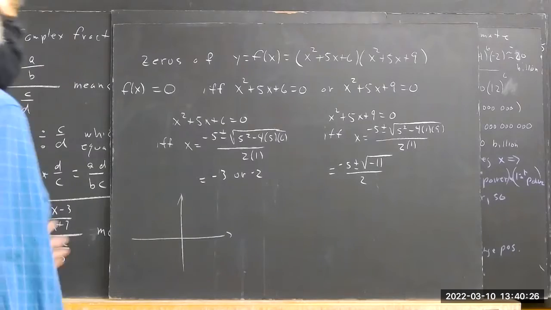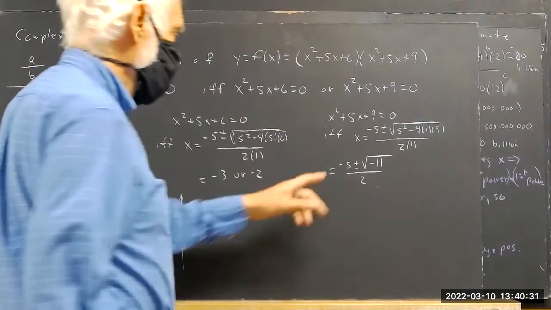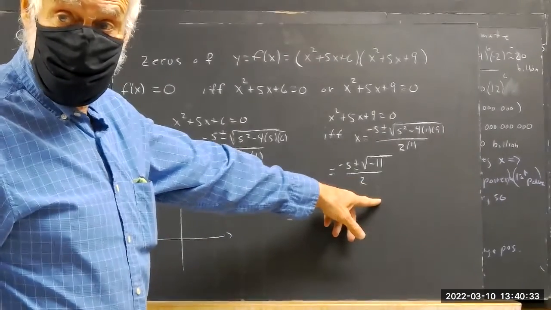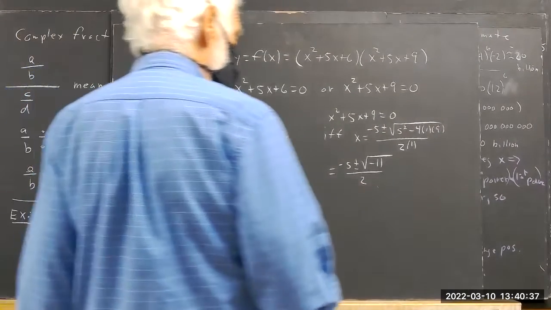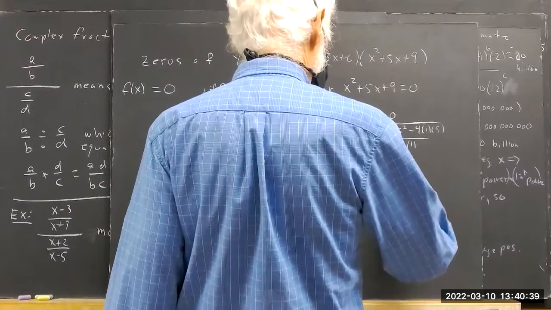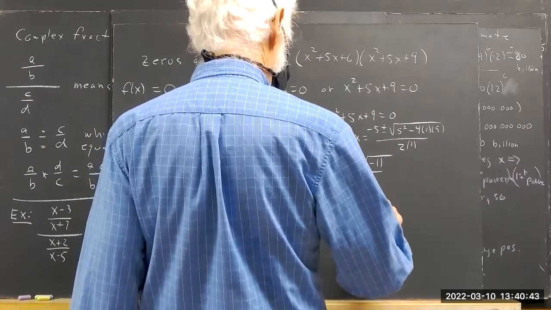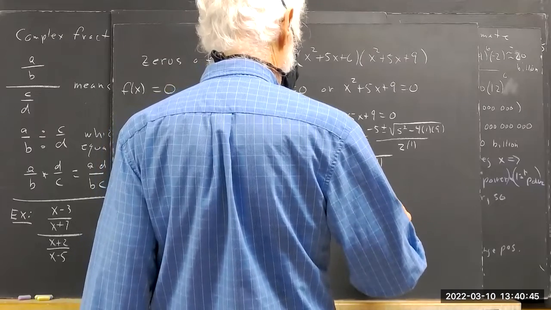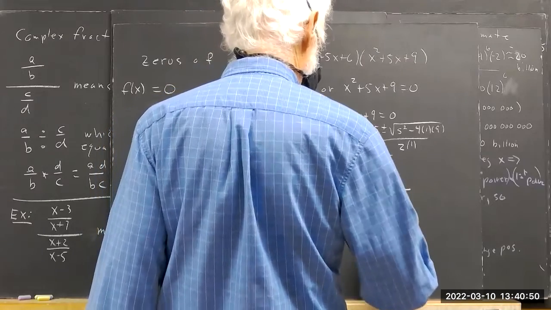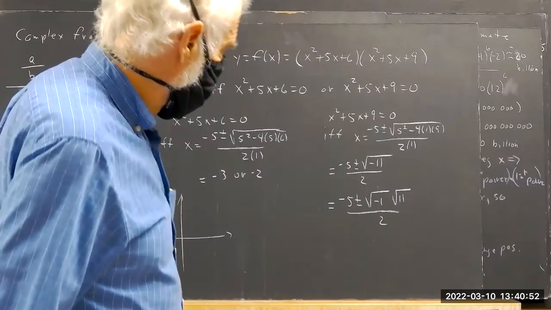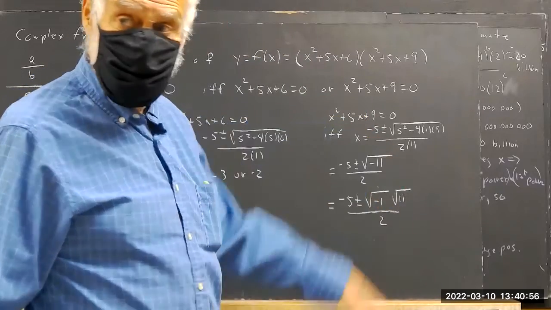Well, that's not going to help with the graph. You're not going to get points on the graph from this. But I could write the square root of negative 11 as the square root of negative 1 times the square root of 11.